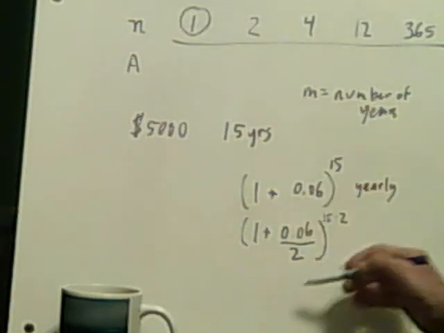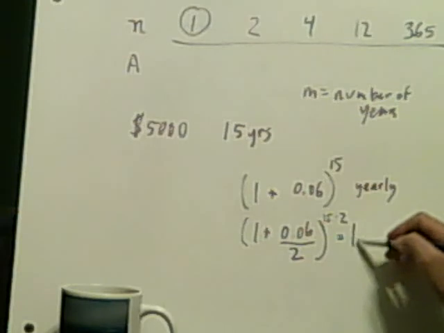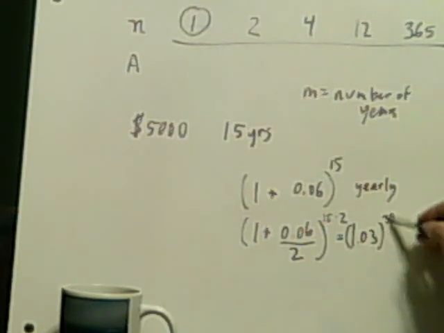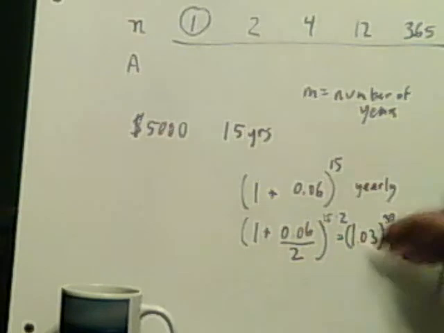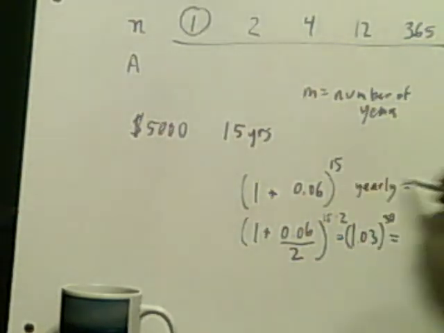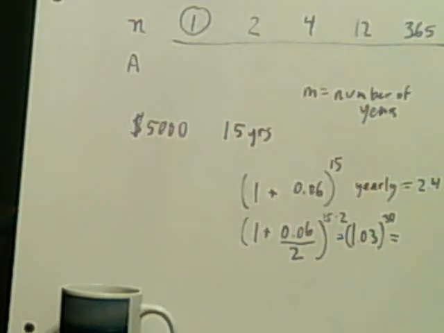So you take 1.03, raise it to the 30th power, and that's what the formula tells you. If you compound it semi-annually, you're going to end up with more money. So I'm going to take 1.03 y to the x, 30, and that comes out to 2.43.